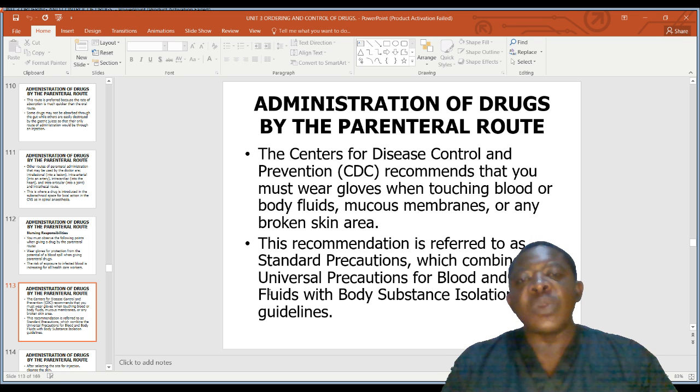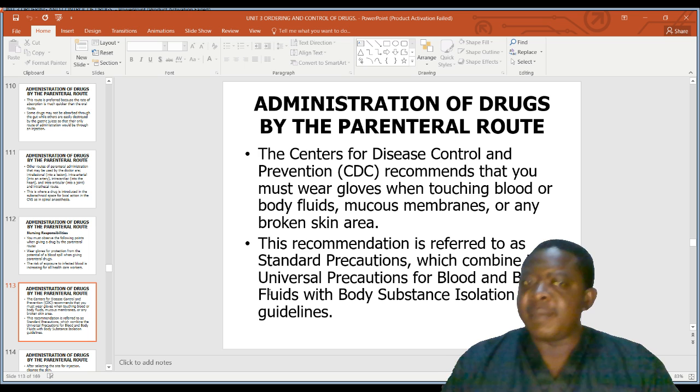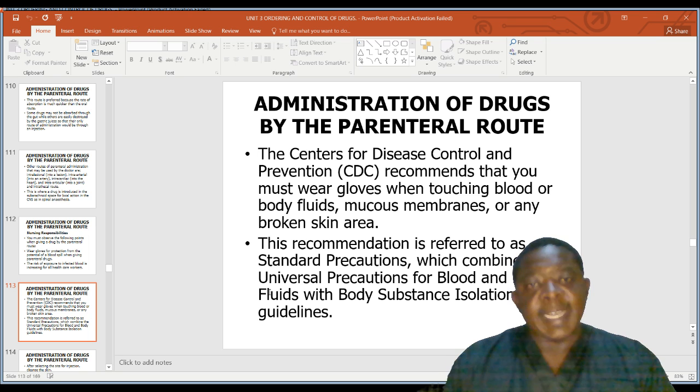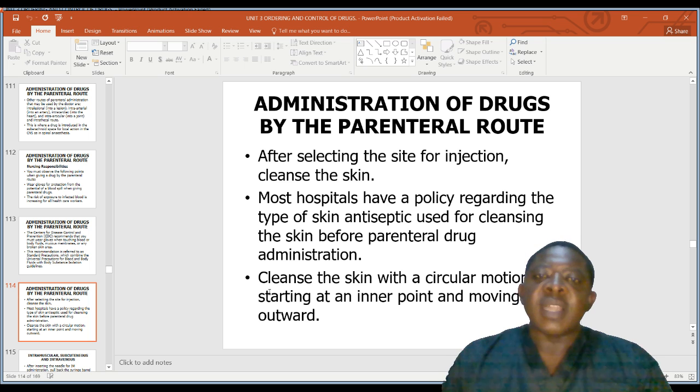So when giving injections, okay, in these procedures you must wear gloves. This recommendation is referred to as a standard precaution, which combines the universal precaution for blood and body fluids with body substance isolation guidelines. After selecting the site for injection, cleanse the skin.